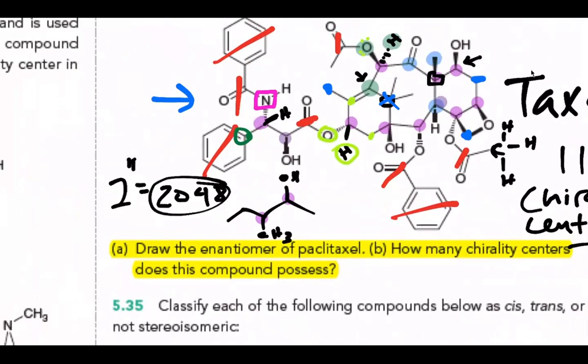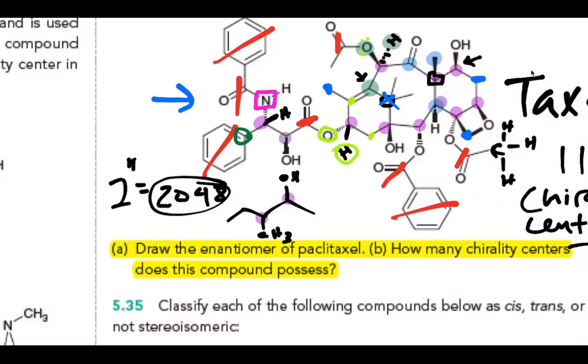That's a big number. That's a lot. Think about the fact that you have a potential for 2048 stereoisomers, but this is the only one that works against cancer cells. So to be able to develop a synthesis of a molecule like this and get one isomer is like the holy grail of organic chemistry, right?